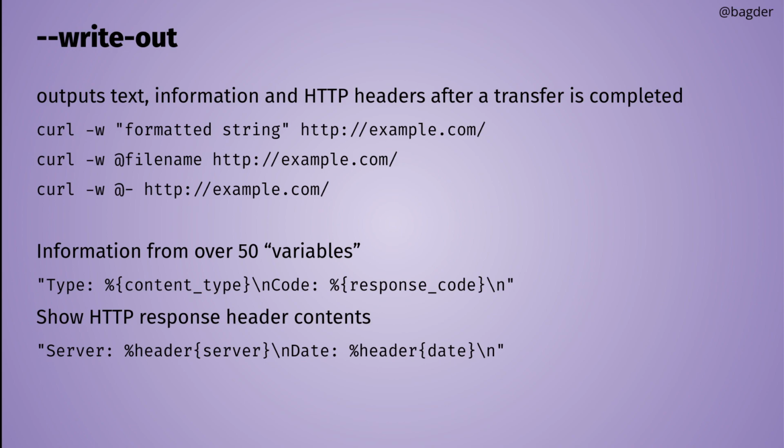And then here's a write out string that outputs the server header field and the date header field, just in case that's what you wanted. You should look it up because there are many useful and fun variables here. And I'm sure we will add more variables and more information to this over time, because this is a really handy and convenient way to extract information from the previous transfer.